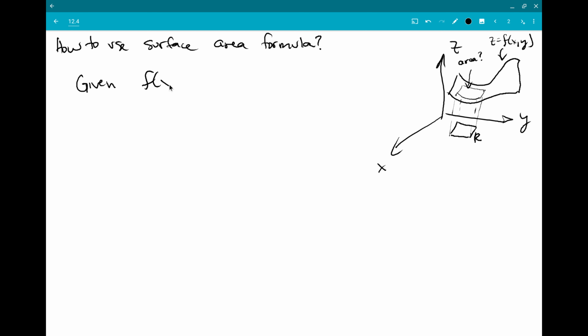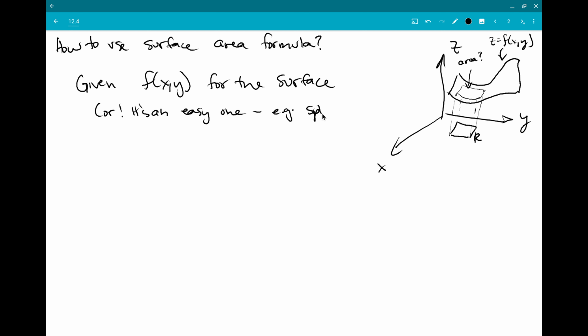So you'll always be given f of xy for the surface. Or it's an easy one. So for example, you should know the f of xy that gives you a sphere.